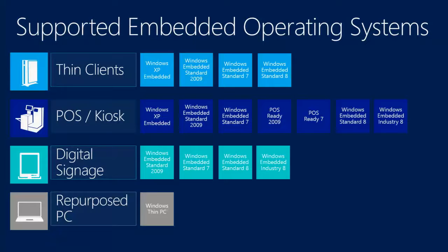Although XP Embedded is soon going to go out of support, so we all urge you to move from XP Embedded to the next version, which would be Standard 7. I don't think that people generally jump from XP Embedded to WES 09. They normally make the transition from XP Embedded to WES 7 or Windows Embedded Standard 7. That's the practice.